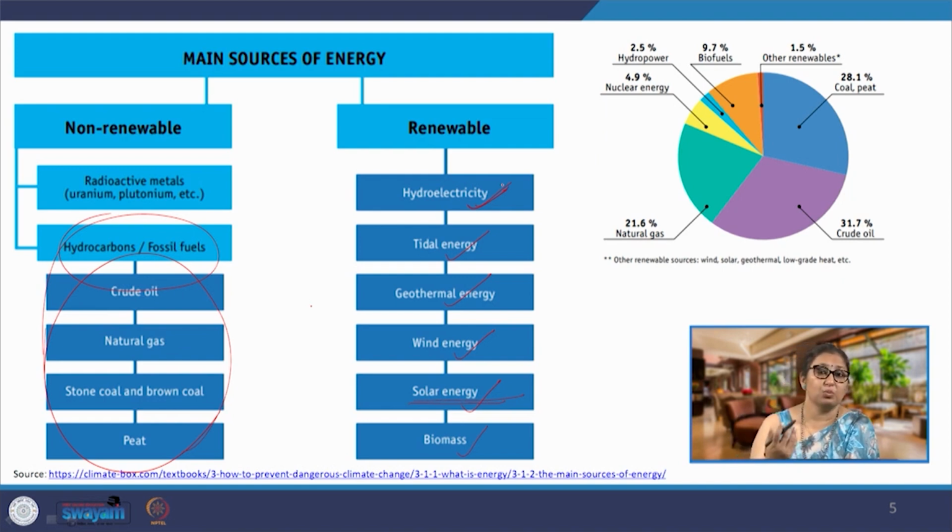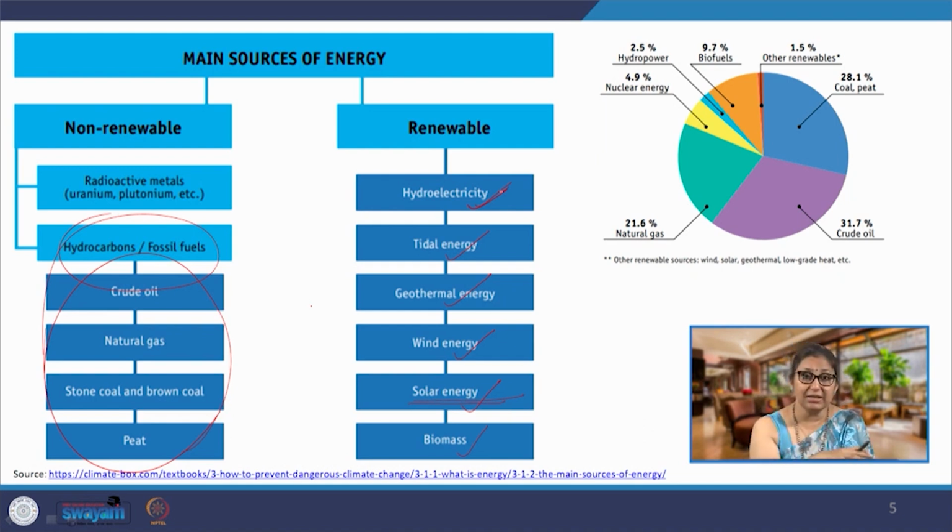Same as with wind energy, we have to first undertake a proper feasibility study to know how much of the wind is available, and is it sufficient enough to run the turbines and to produce electricity. So, overall the limitations with renewable sources of energy are the geographic limitations and the seasonal or diurnal limitations of time when they are available.